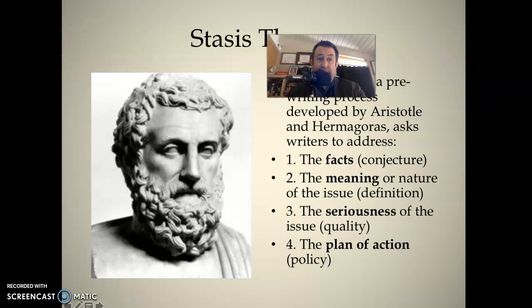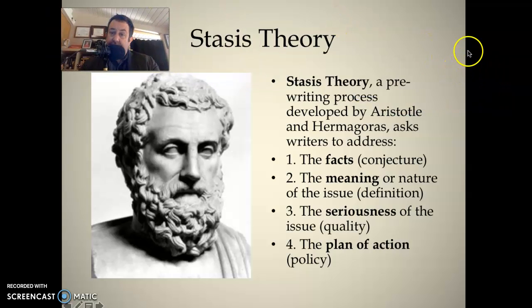stasis theory is. Stasis theory is a pre-writing process which was developed by Aristotle and Hermogenes.